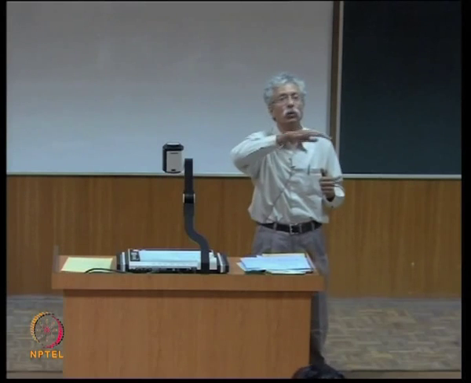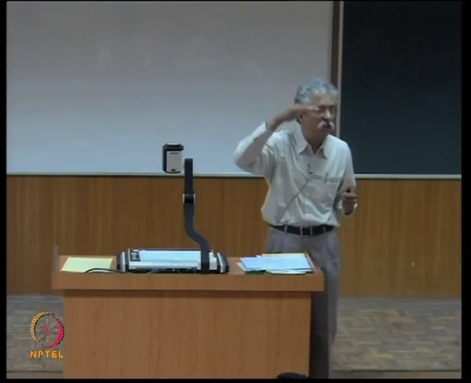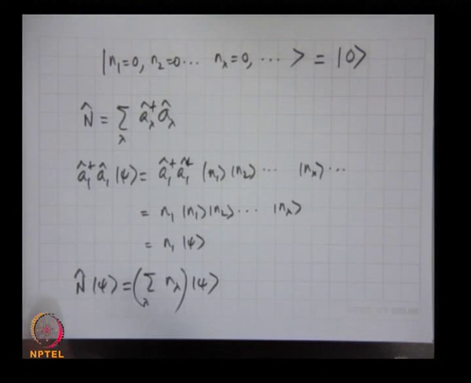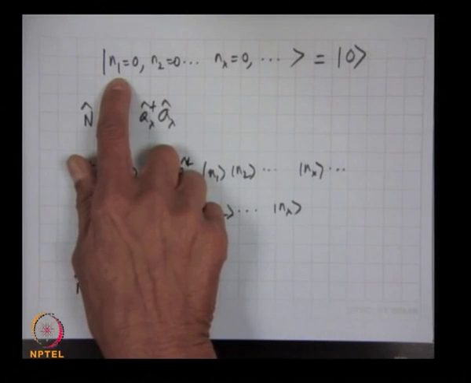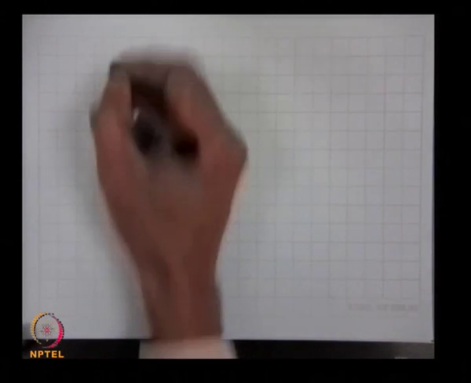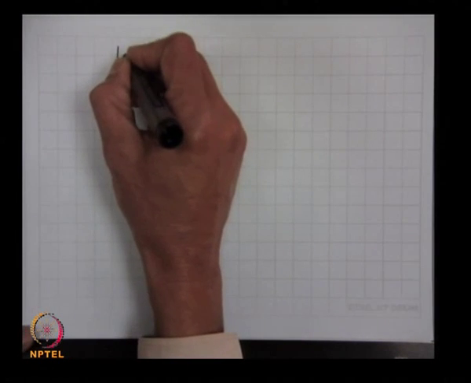You are in the lowest possible energy state of each of the modes of the radiation field. You can, for example, go to 3/2 h cross omega 1 and come to a state where n1 is equal to 1.